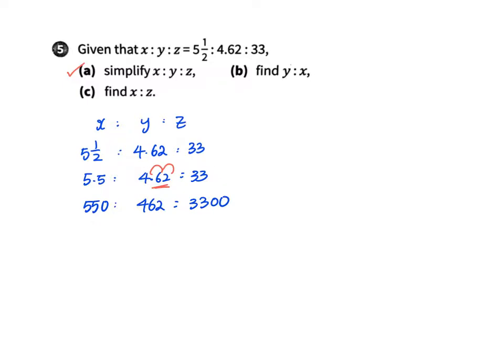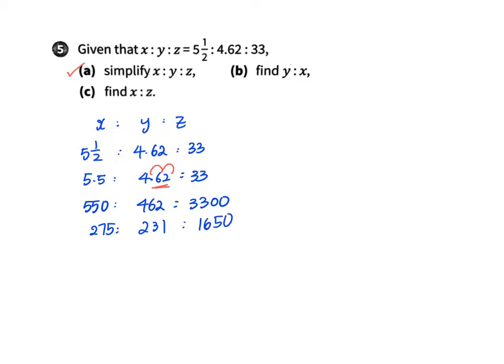Now the question comes, how can I simplify all of this? And I can see that there are quite a few common factors. So I shall first, they're all even numbers, so divide by 2 first. That will give me 275 is to 231 is to 1650.